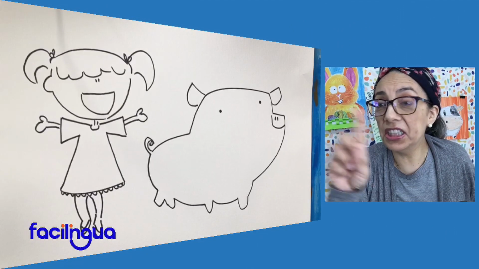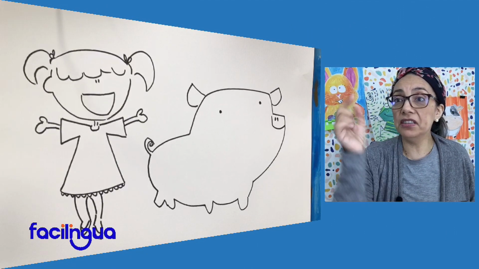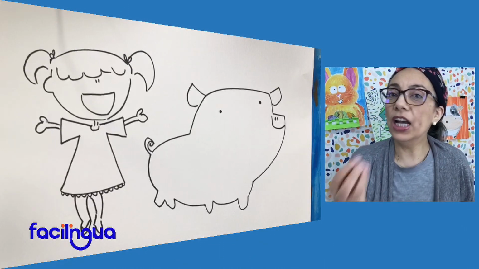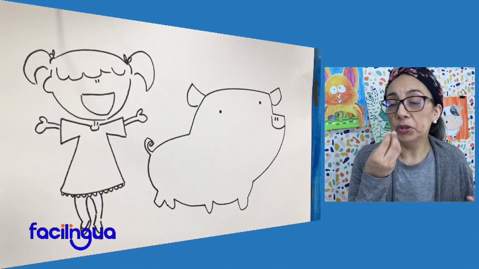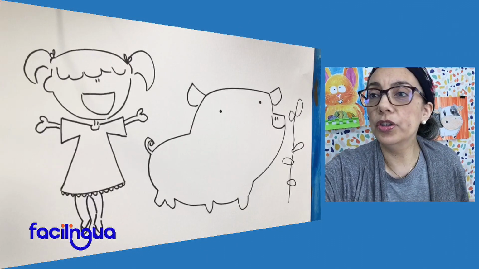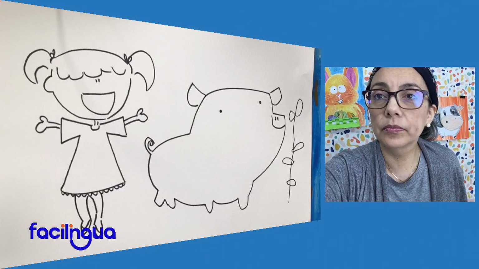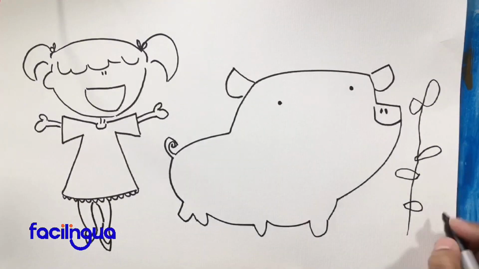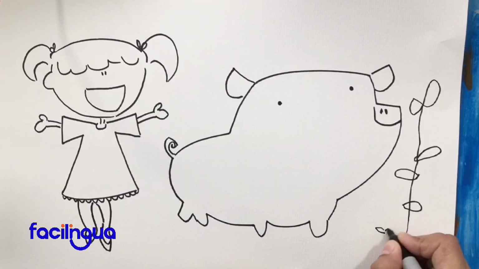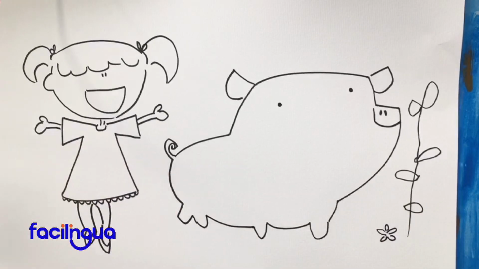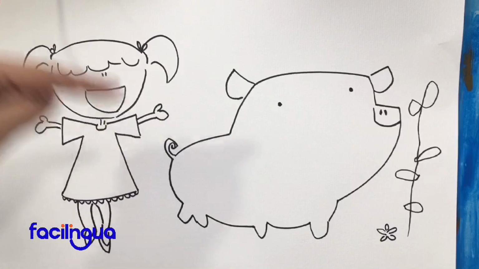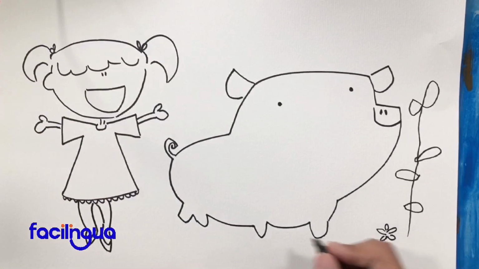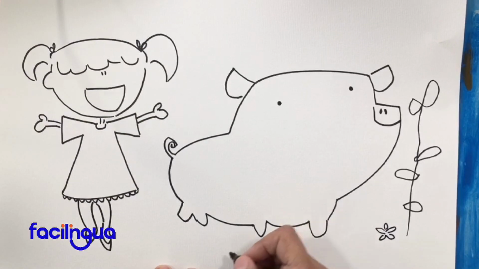And the pig doesn't say and doesn't think. The pig continues eating. So we are going to decorate with some plants and flowers, and the girl is happy and she's jumping, and she says, oh, it's a magic pig.